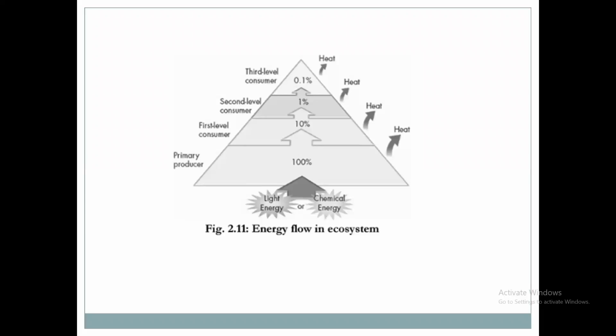This is an ecological pyramid or energy pyramid, or trophic pyramid. In a grassland ecosystem and also in a pond ecosystem, this energy flow is shown from producers to consumers.